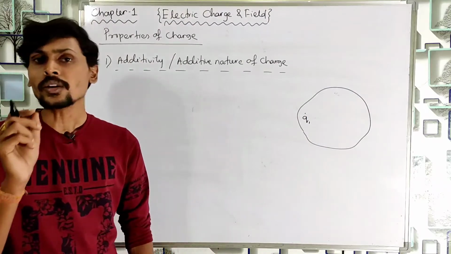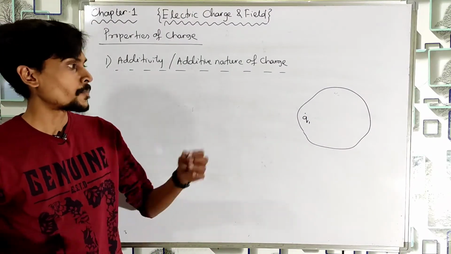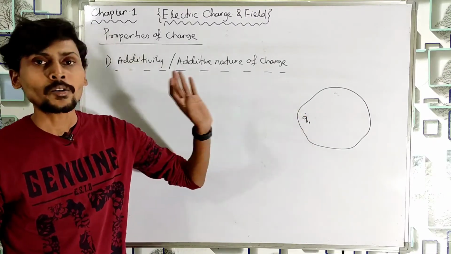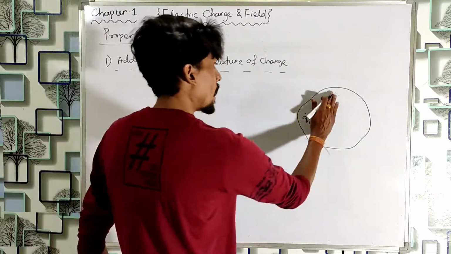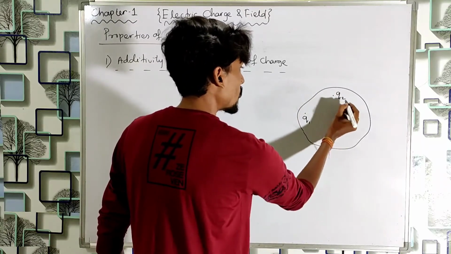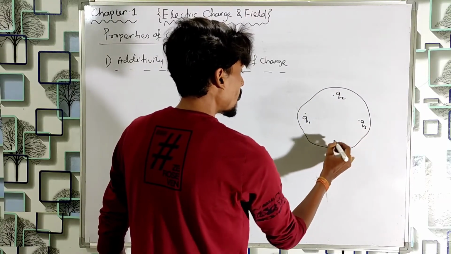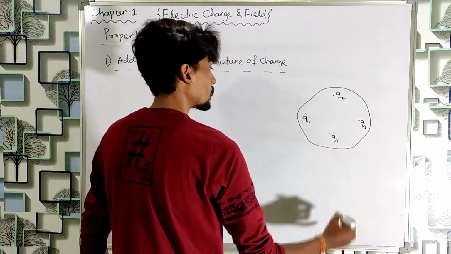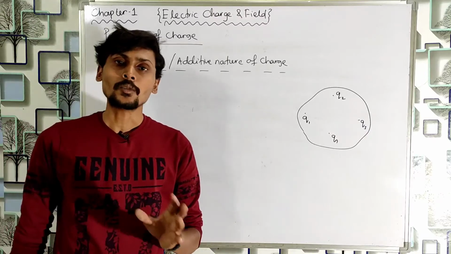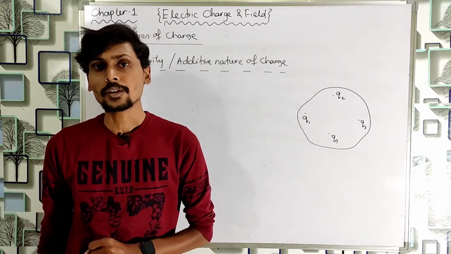Remember that Q is the symbol for charge. You can write small q or capital Q. At this point I have a charge Q2, at this point charge Q3, and at this point charge Qn. So there are a total of n charges present on the body at different parts of the body.